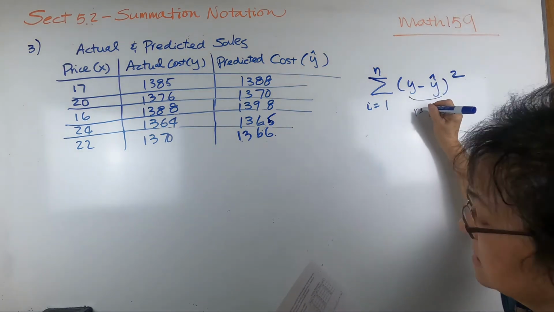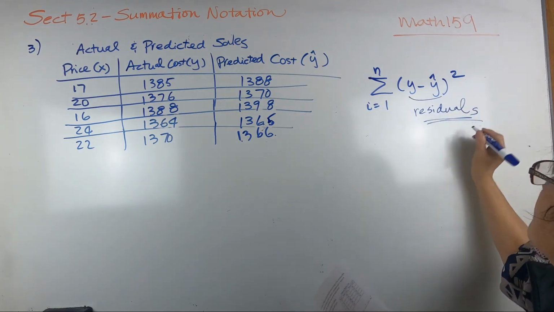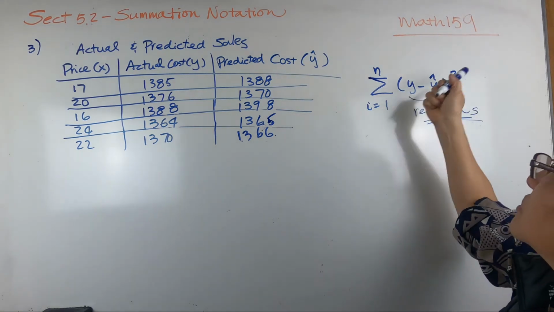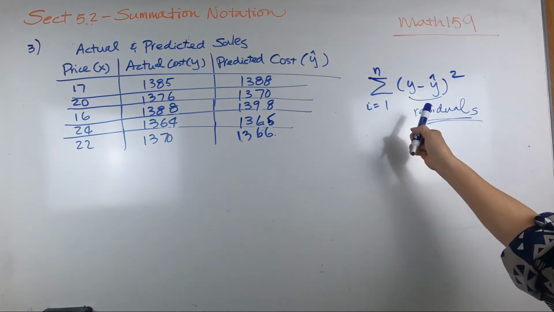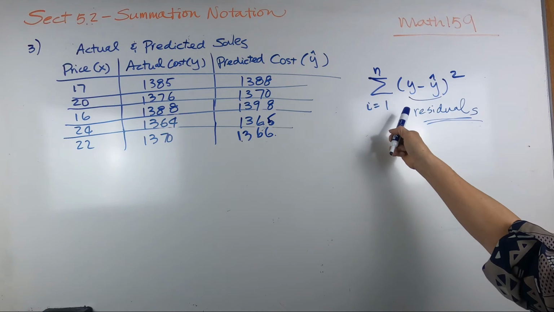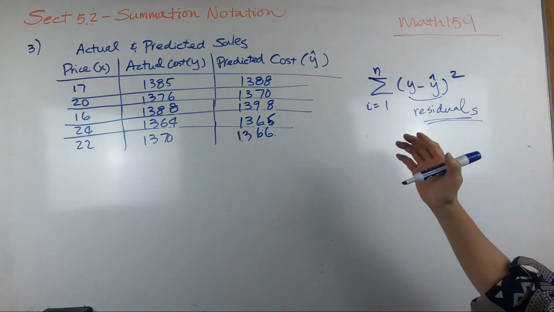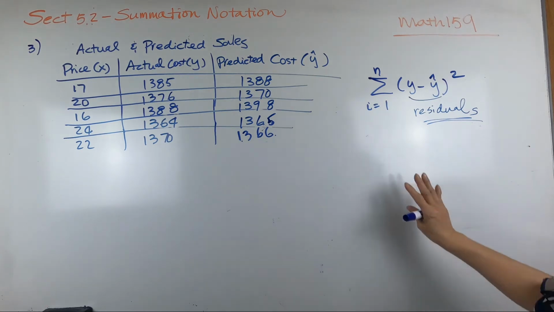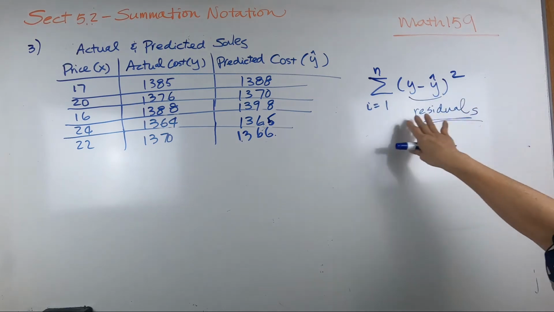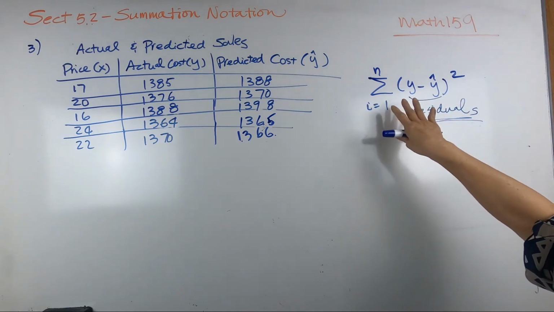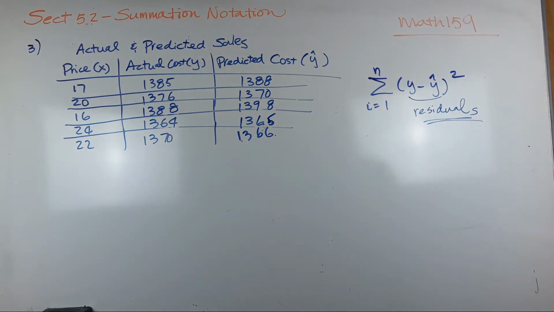So this part is the difference, right? Then you square them and sum them together, because you are going to use this formula to do other things. But that's for your stats class. For this class, you have to do the summation first. See how you can apply the numbers to the formulas.